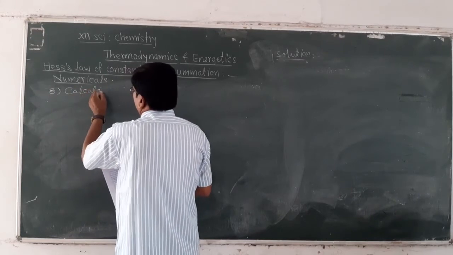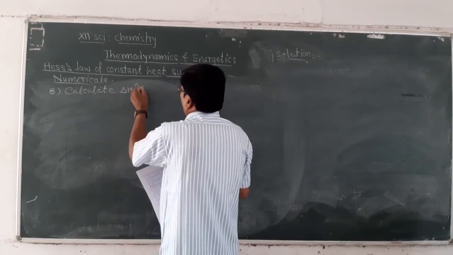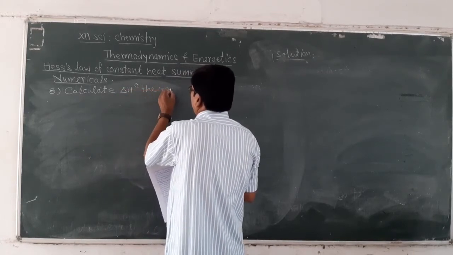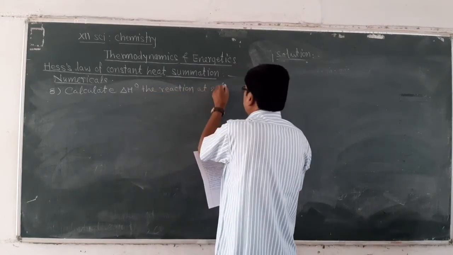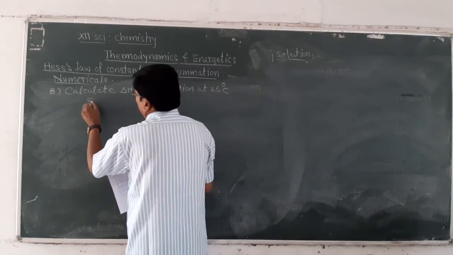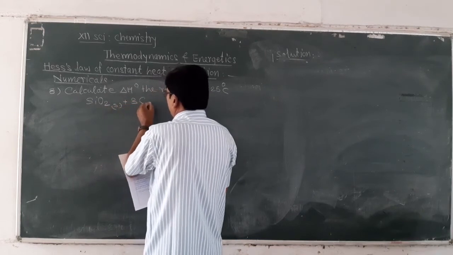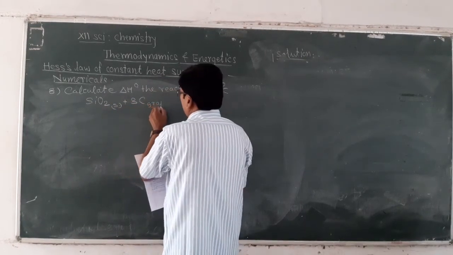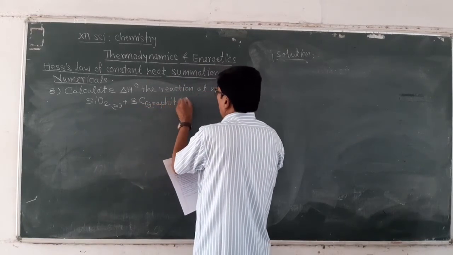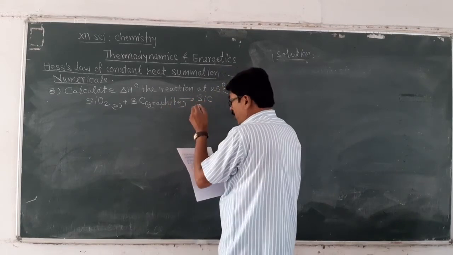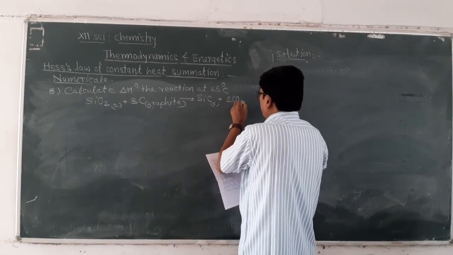Calculate delta H naught of the reaction at 25 degrees Celsius. Reaction is given: SiO2 solid plus 3 carbon graphite gives SiC silicon carbide solid plus 2CO gas, from the given data.